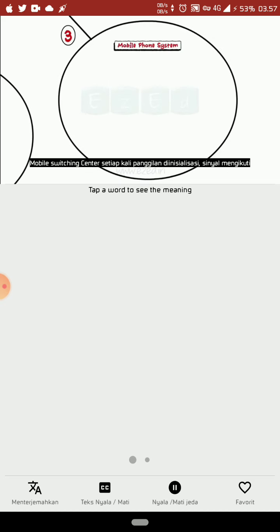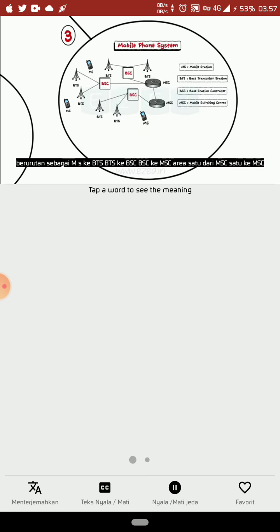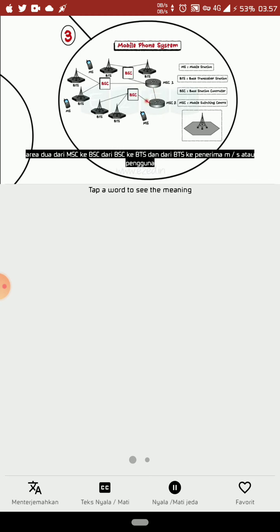Whenever a call is initialized, the signal follows the sequence: MS to BTS, BTS to BSC, BSC to MSC of area 1, from MSC1 to MSC of area 2, from MSC to BSC, from BSC to BTS, and from BTS to the receiving MS or user.